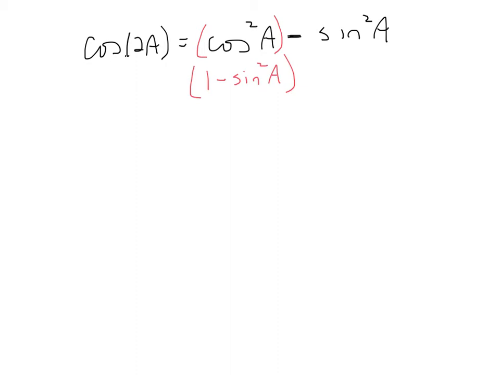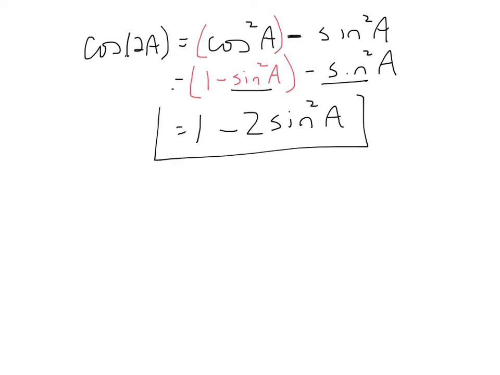And then I am going to pull this along for the ride and clean it up. When I combine these, I get 1 minus, now these are like terms, I have 2 negative sine squared a's. So it's 1 minus 2 sine squared a. And this is a second version of the double angle identity for cosine.